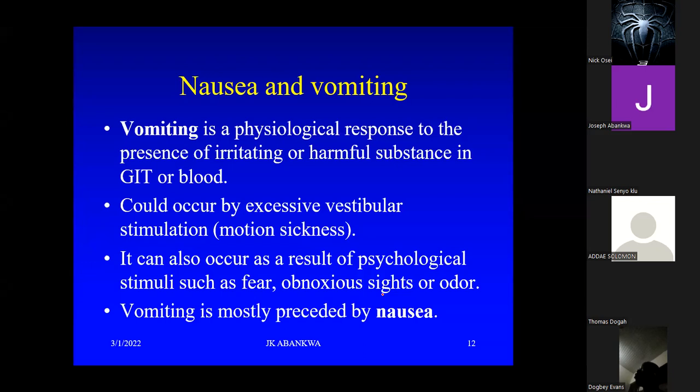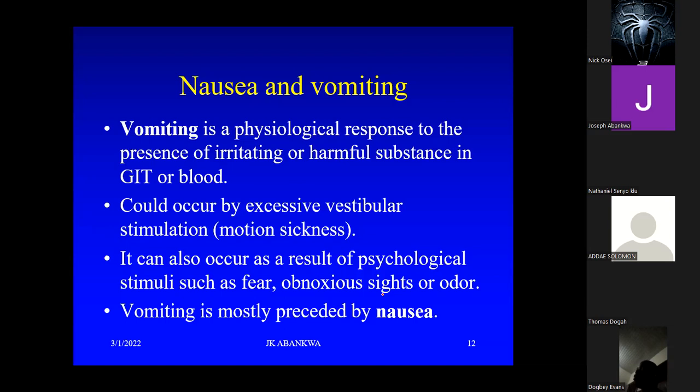So you can have people suffering from motion sickness. Some people, when they try to journey using a ship or boat over the sea, due to certain things in their eardrum, can vomit because their vomiting center has been triggered. Another physiological stimulus which can also induce vomiting includes fear, obnoxious sight, or odor.